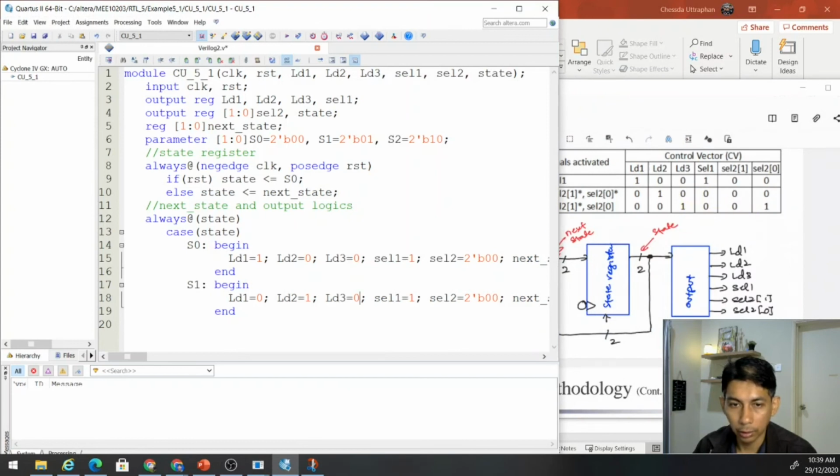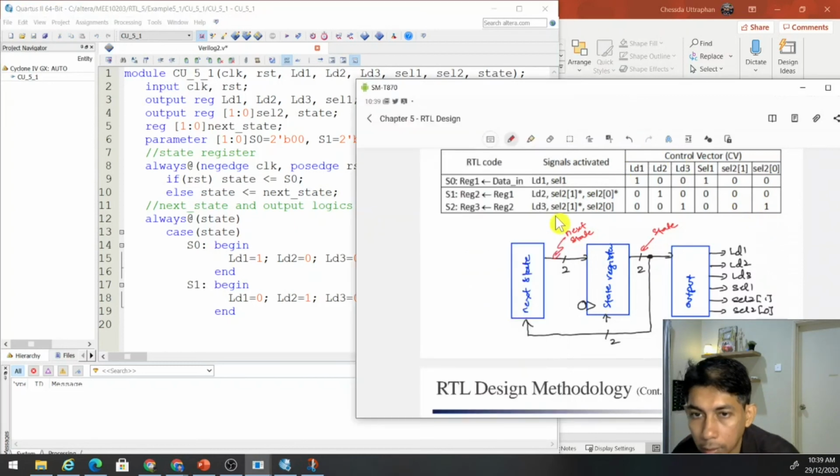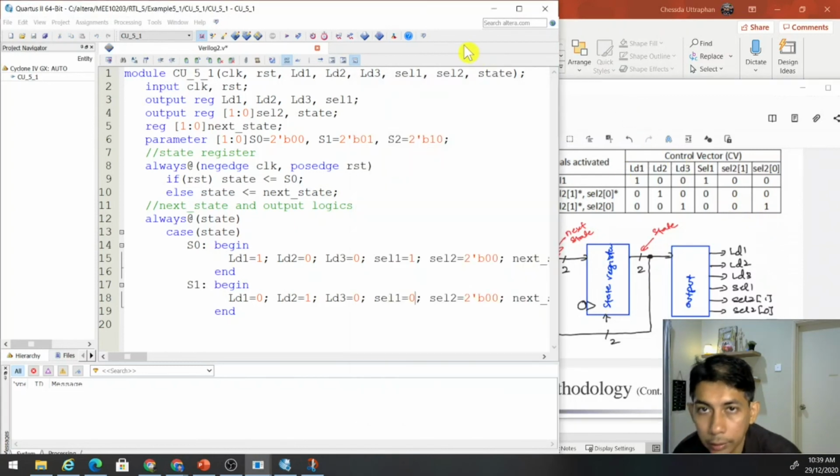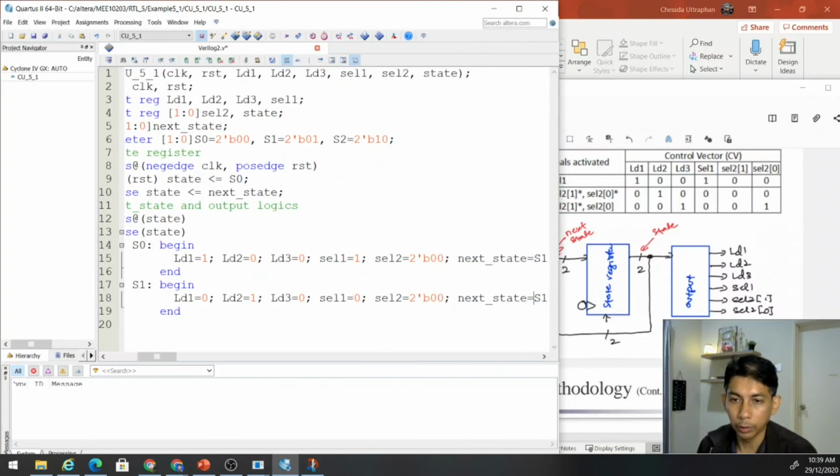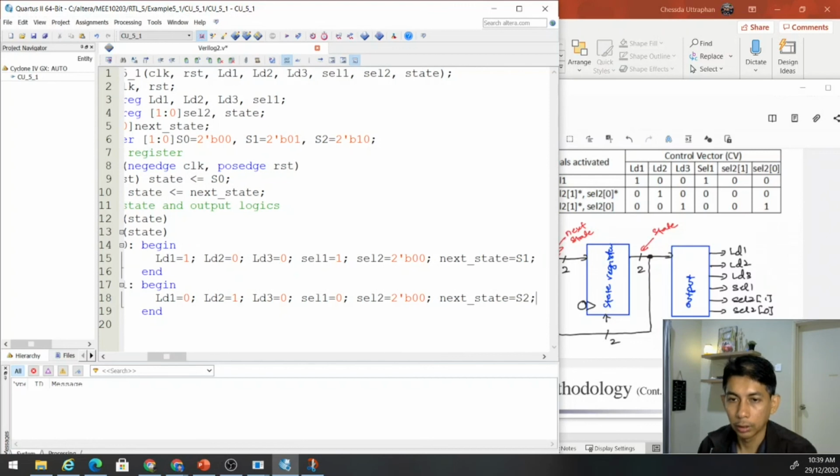All are 0. Okay, so 0. And the next state should be, after S1, we go to S2. Okay, so that's it for this.